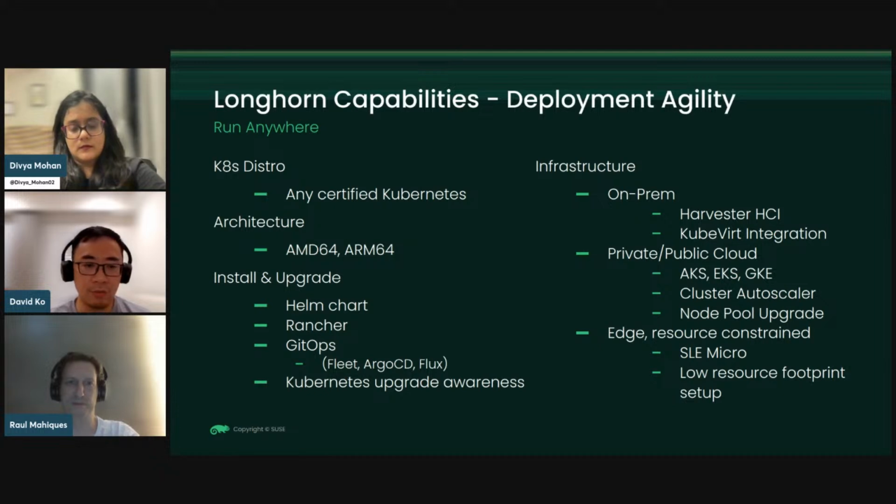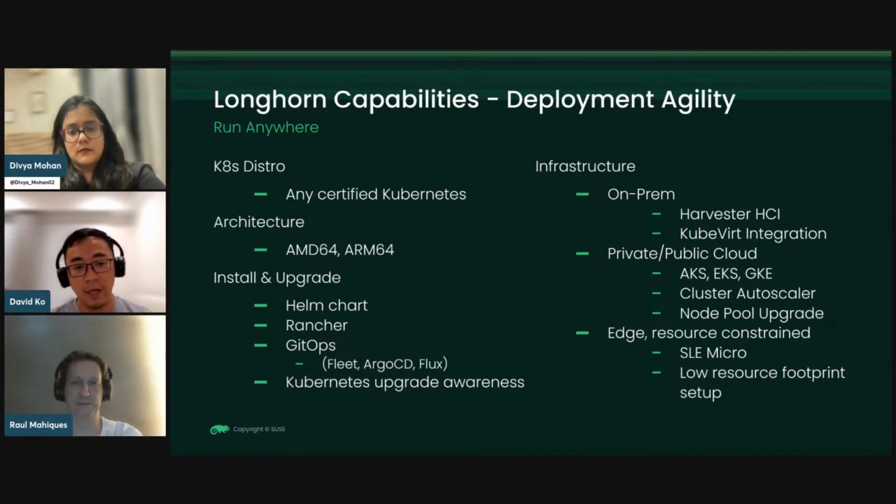For Kubernetes distros, any certified Kubernetes such as RKE2 and K3s, we can support it. But beyond that, even vanilla Kubernetes distros can run it without any issues, or we can say run it perfectly. And for architecture, Longhorn has supported AMD64 and ARM64 for a long while, because we know different usage will depend on different architectures.